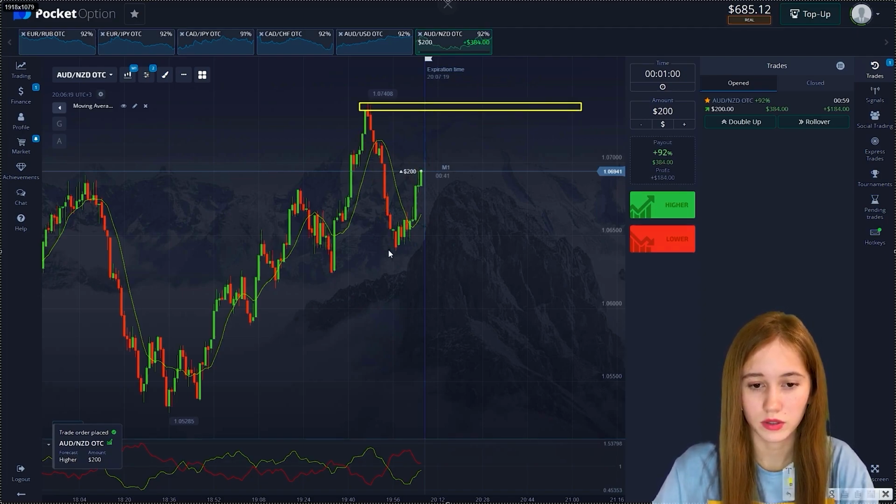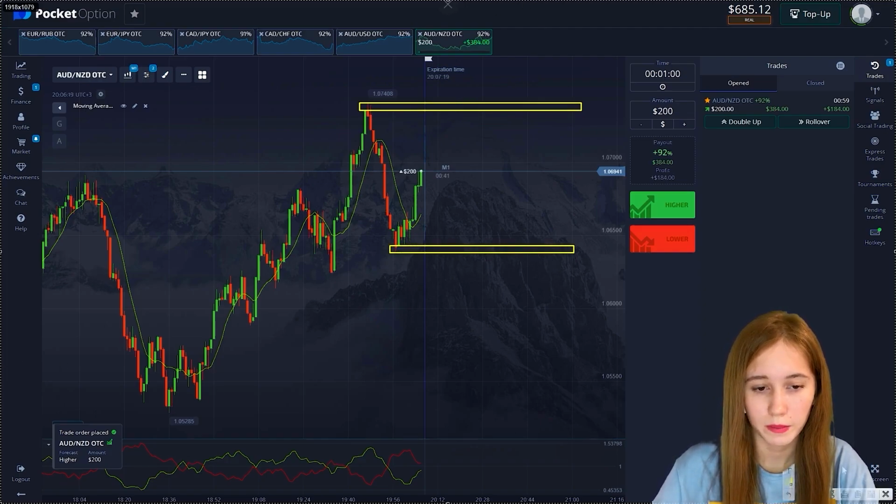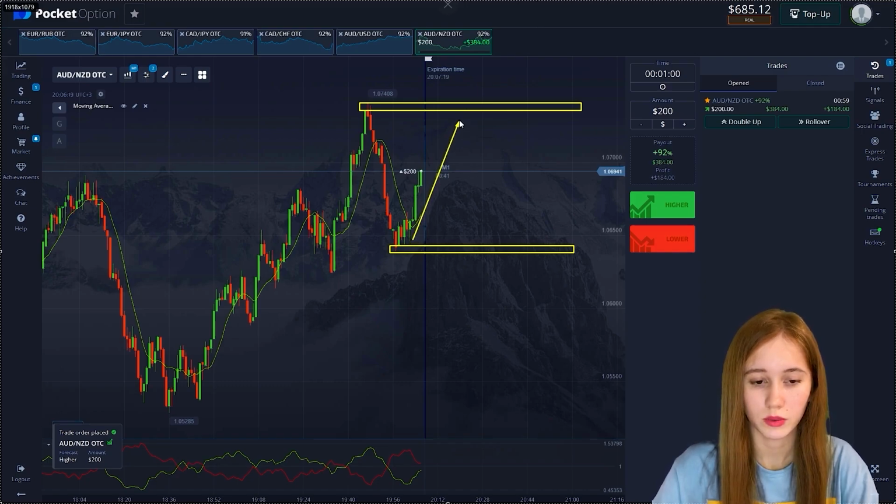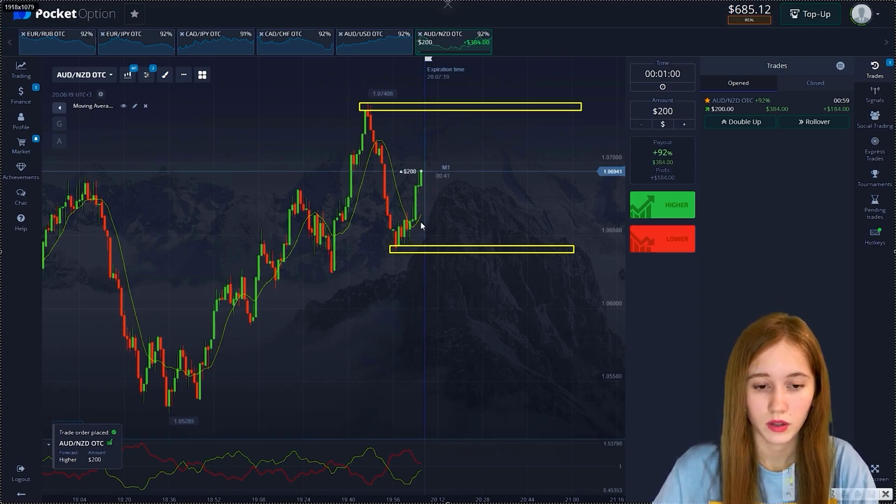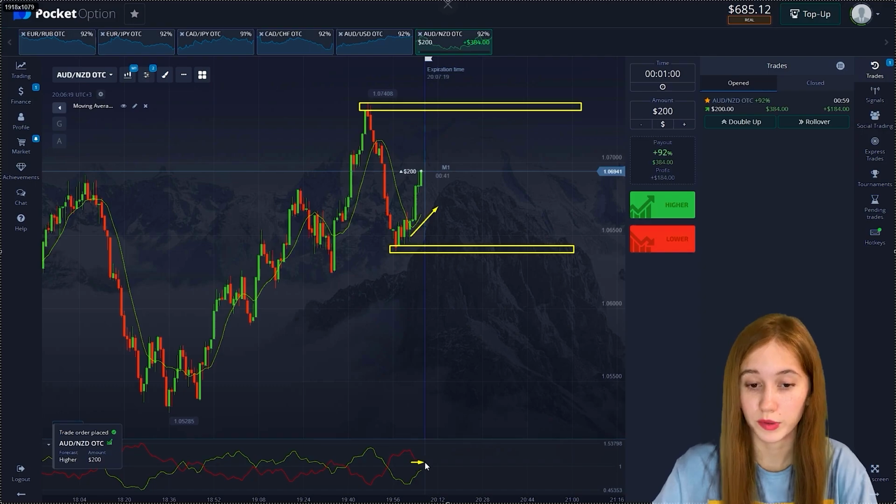Upper is resistance area, below support area. By moving average, we see lines in the upper position. It's good. By Vortex, we see the same situation. Red is uncertainty and green is in the upper position. It's good.